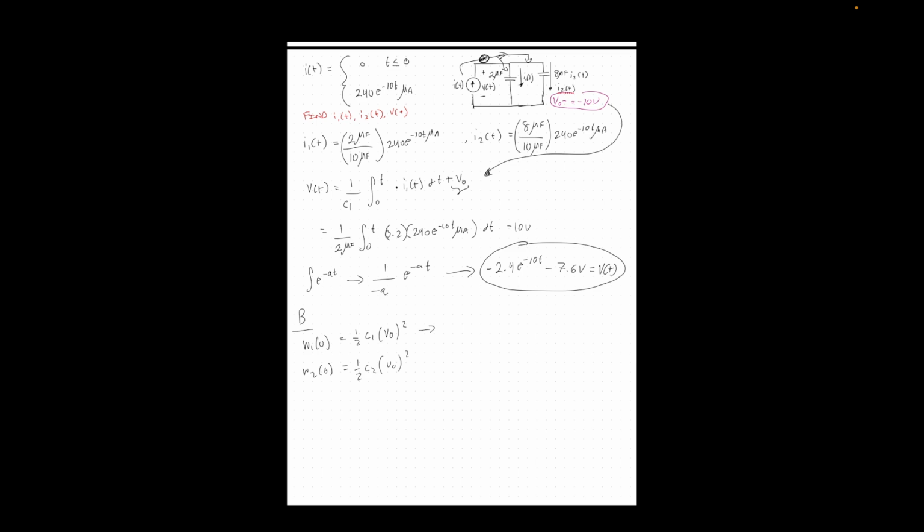And plugging everything in, I'm going to have 1/2 times 2 microfarad times negative 10 squared, which is going to equal 100 microjoules. Over on this side, I'm going to have 1/2 times 8 microfarad times negative 10 squared, which is going to equal 400 microjoules. So in total, I'm going to have 500 microjoules of stored energy.